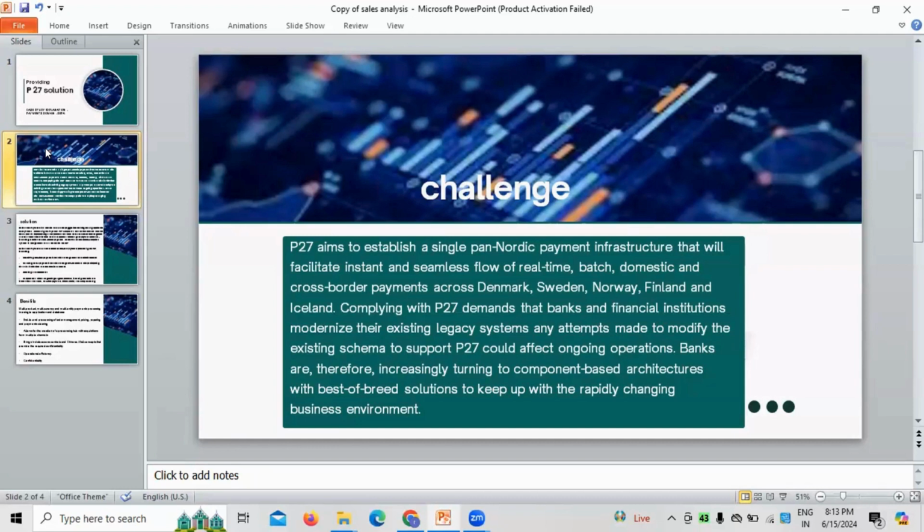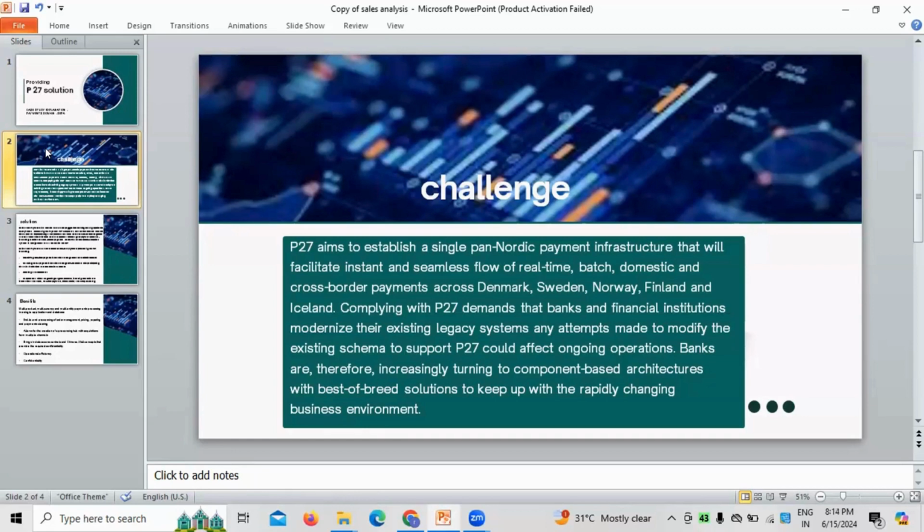So for that, there must be a kind of system, because if they want to secure their transactions, and at the same time develop a real-time clearing system, they require a payment structure.